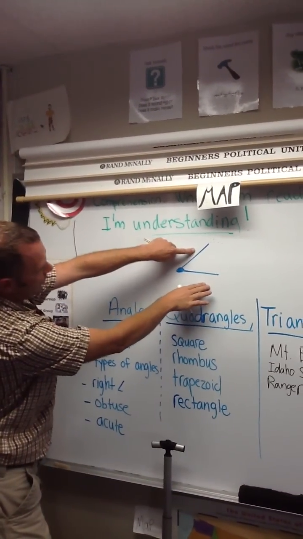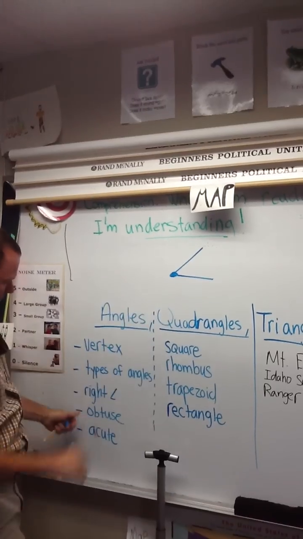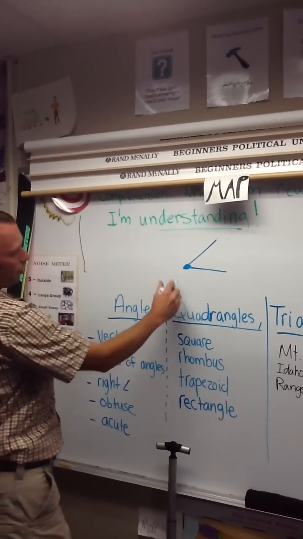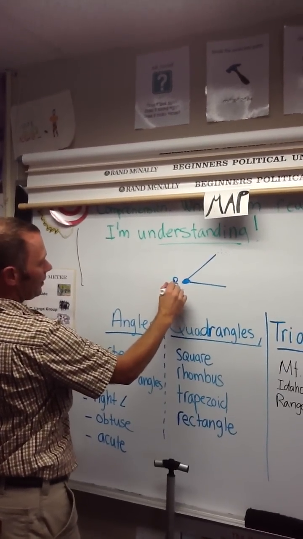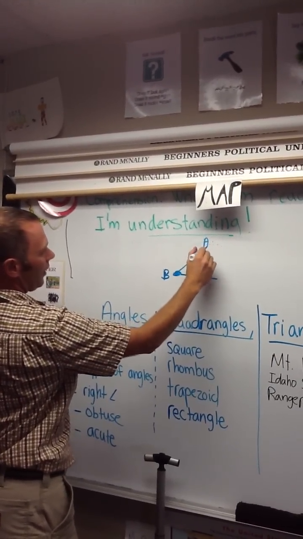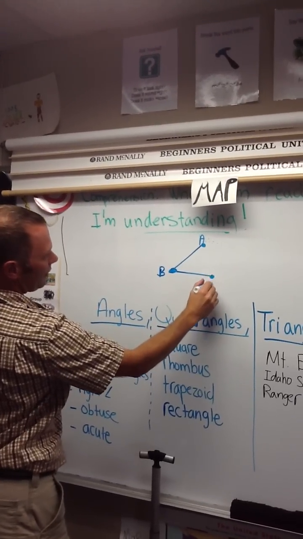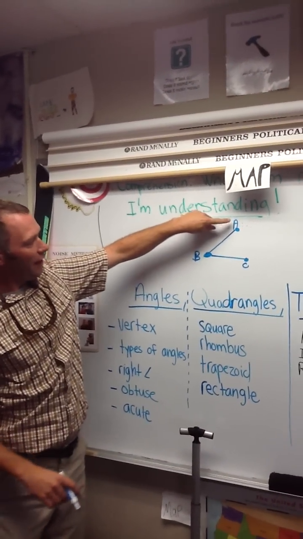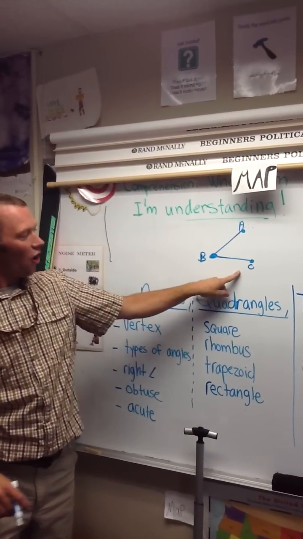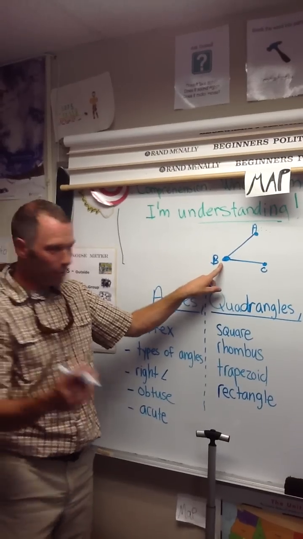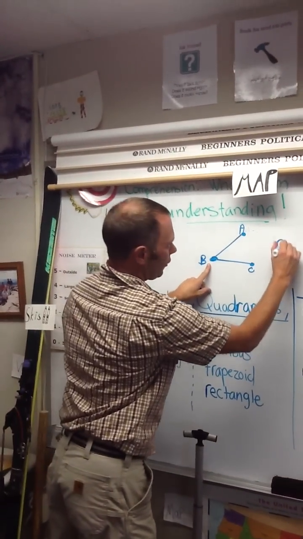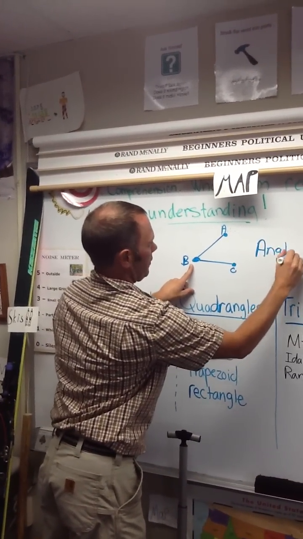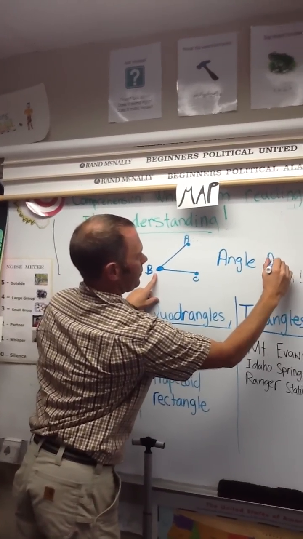Two line segments coming together, our vertex, which is where the segments meet, we'll call that B. We'll call the other points A and C. So this angle would be considered angle ABC, always naming the vertex in the middle.